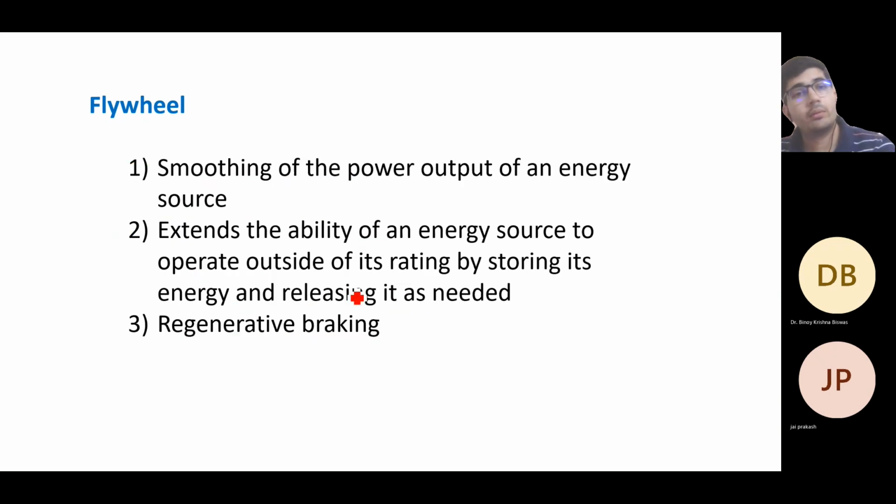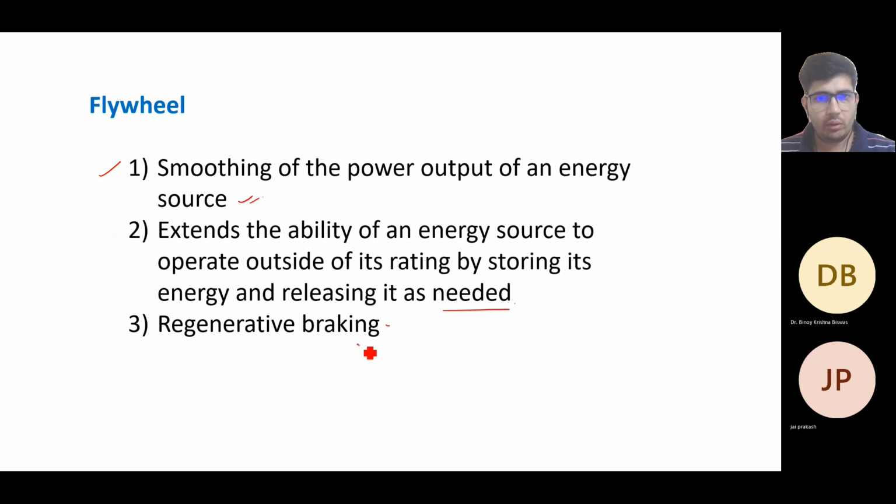A flywheel is very beneficial for smoothing the power output of an energy source. It extends the ability of an energy source to operate outside of its rating by storing its energy and releasing it as needed.